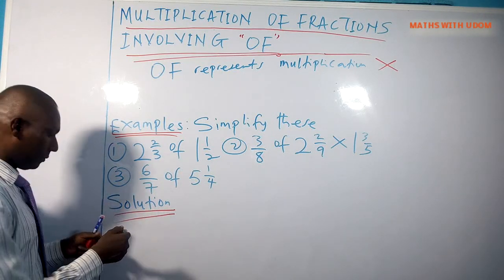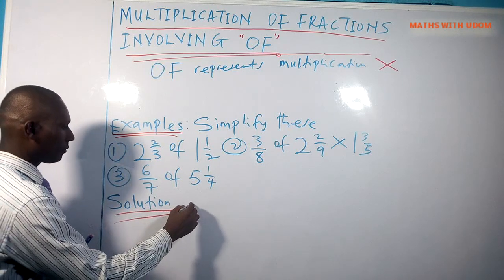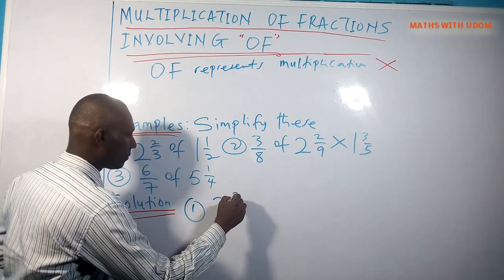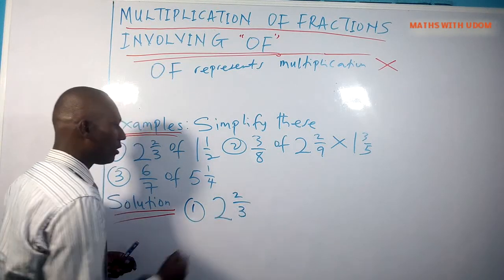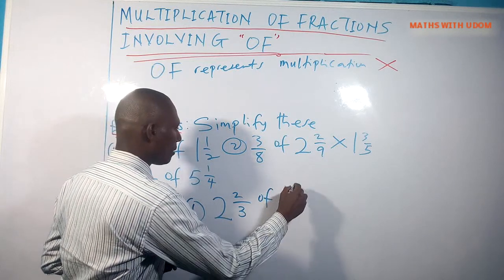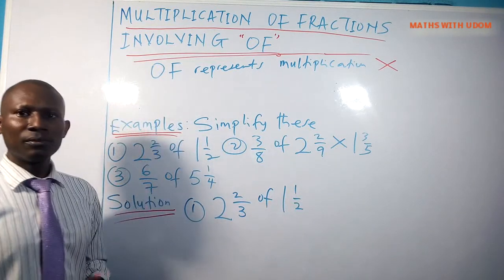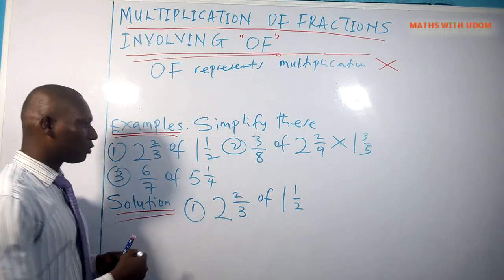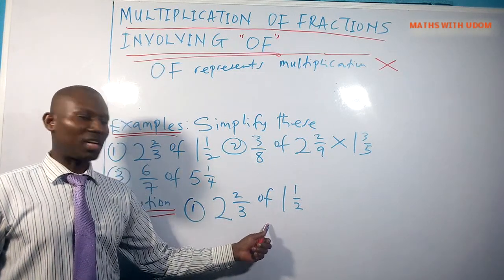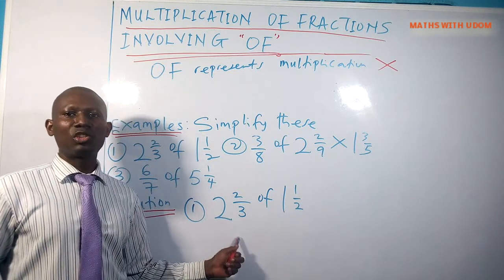Now, for number 1, what do we have? We have 2 and 2/3 of 1 and 1/2. Okay, so what do we do? The first thing to do is to change the of to multiplication sign and the mixed fraction into what?